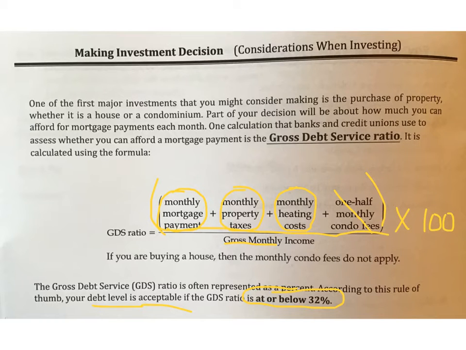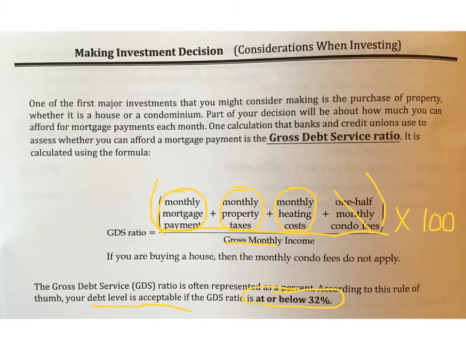The bank will look at that number. If the number that comes out is at or below 32%, so even 31.9, 30.5, 25%, any of those percents, the bank would okay that mortgage.